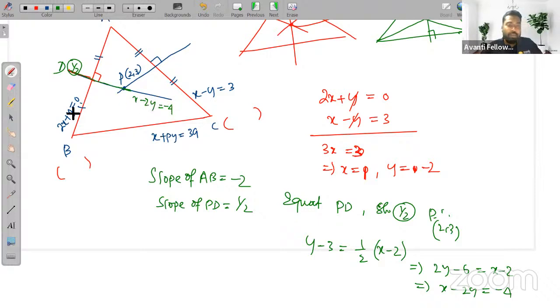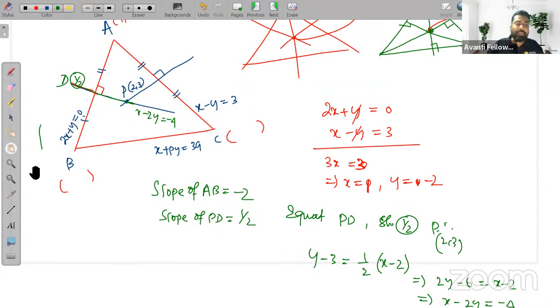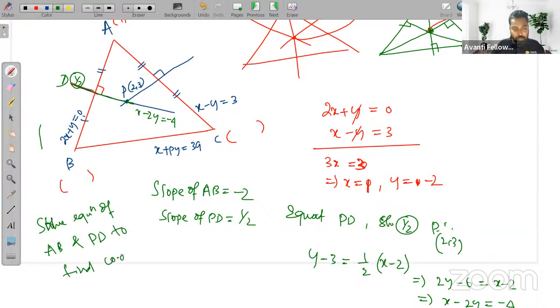So now you know the equation of AB and the equation of PD. By solving the equations of AB and PD, we find the coordinate of this point M, suppose.